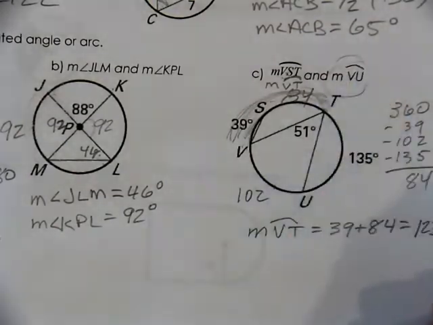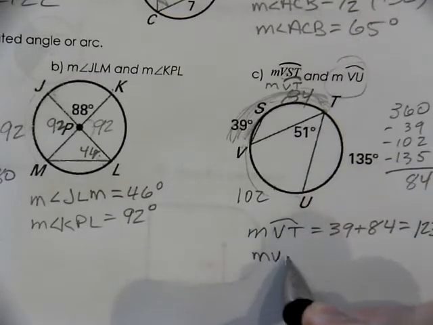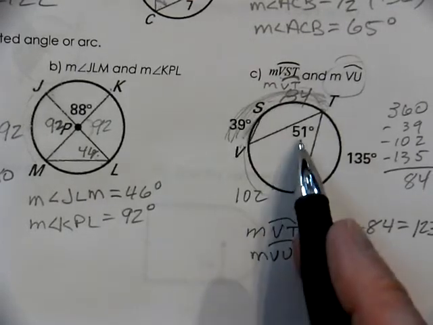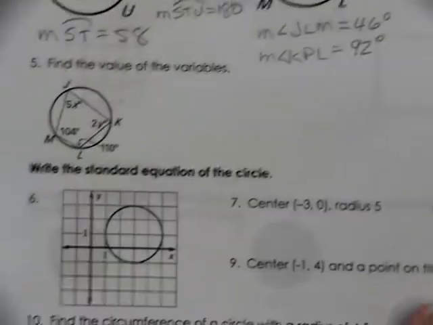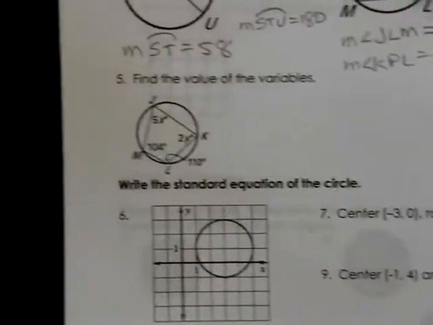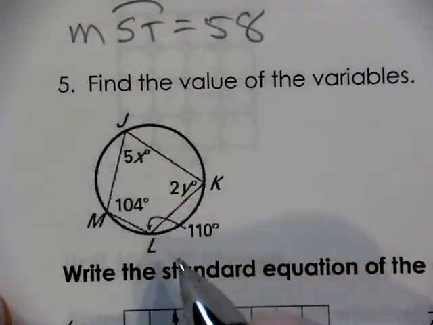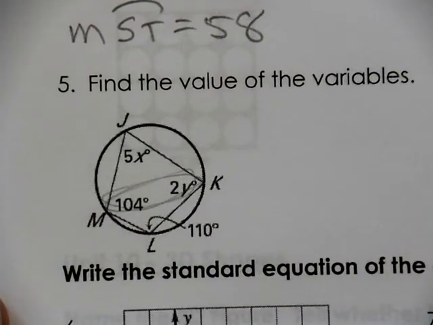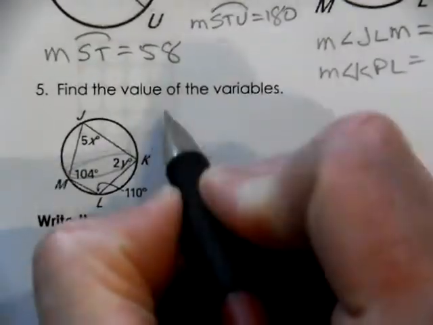And then they're also looking for V to U, which we knew was 102. It was double 51. If we have a quadrilateral inscribed in a circle, then we know the opposite angles are supplementary. Let's put that on our note card.